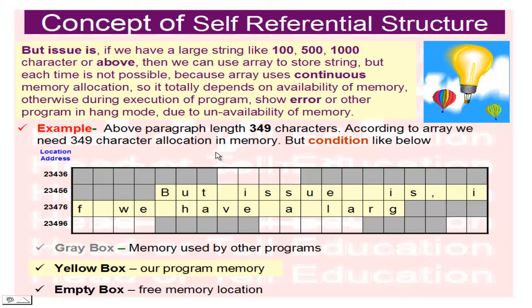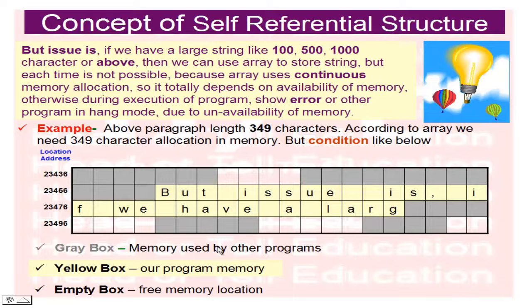For example, the above paragraph, the total length is 349 characters. So according to an array, we need 349 characters allocated in memory. But the condition is like below.